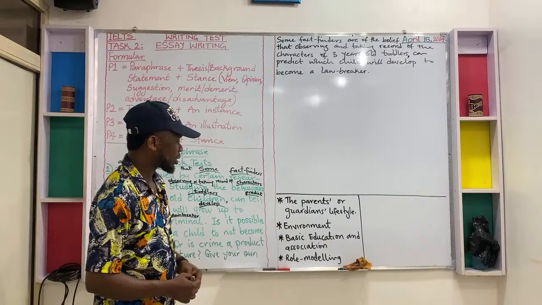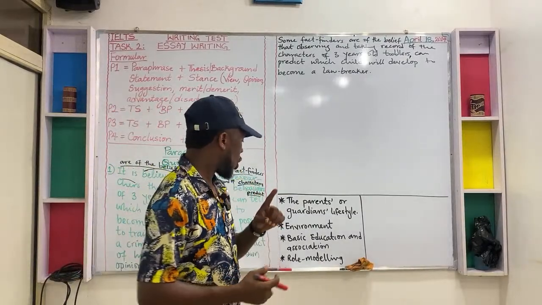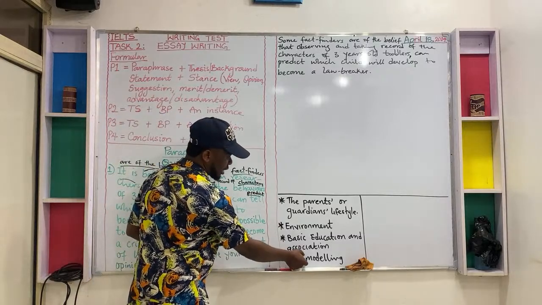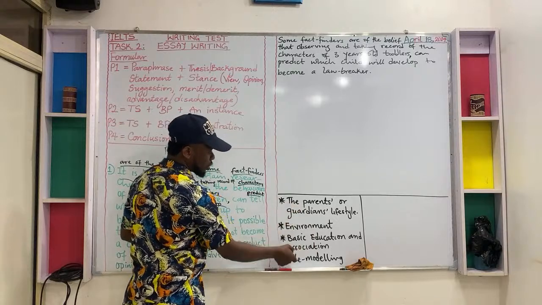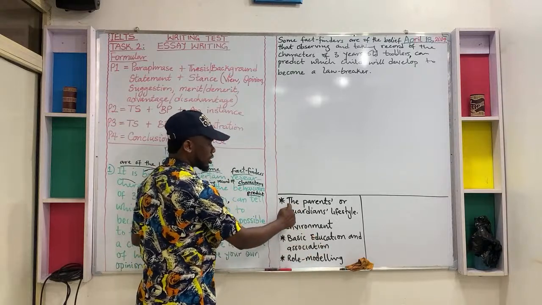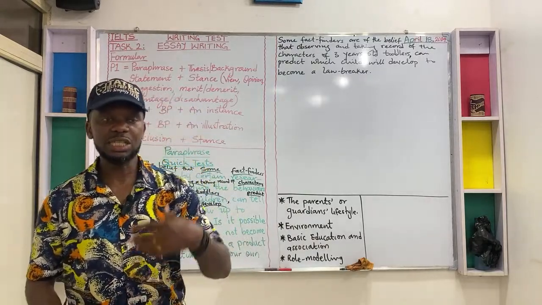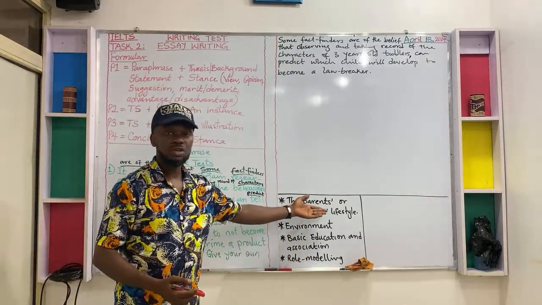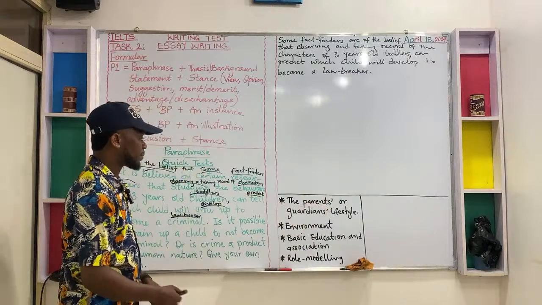The first is on the parents or guardians' lifestyle. I will align this last point, role modeling, because children mimic whoever they see. So they see whatever you do as something that is right. So it is a way of role modeling, right? So we're going to compress that together.